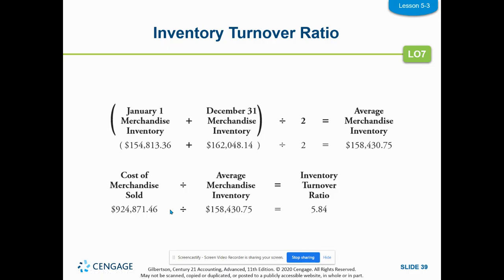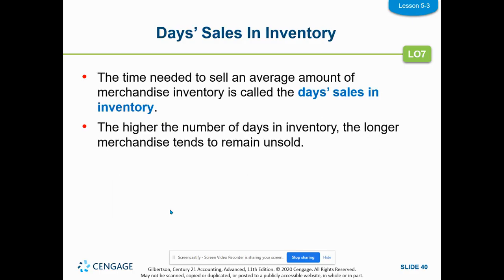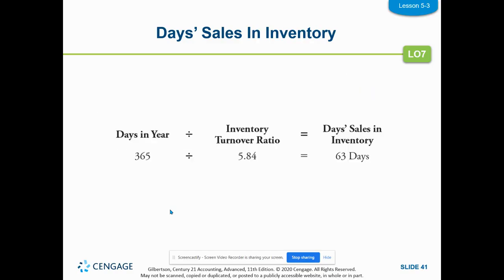So now we have to figure out the number of days it sits in our building. That's the days sales in inventory. We take our number of days, 365, divide it by the inventory turnover rate, 5.84, and basically our inventory sits in our warehouse no more than 63 days.